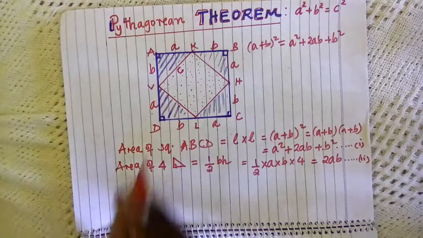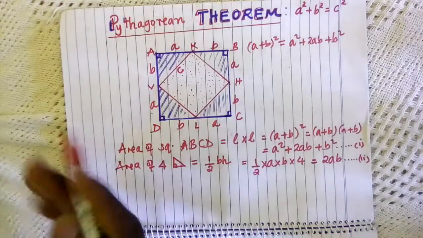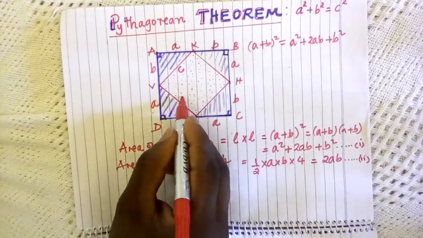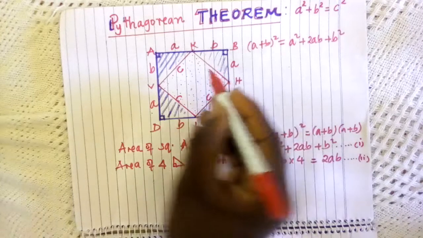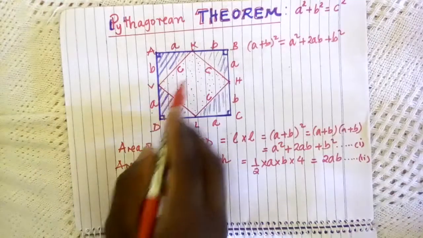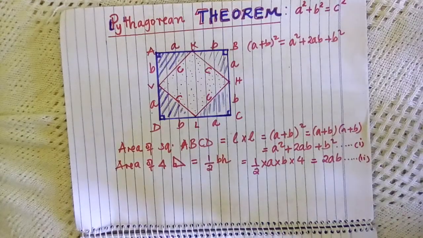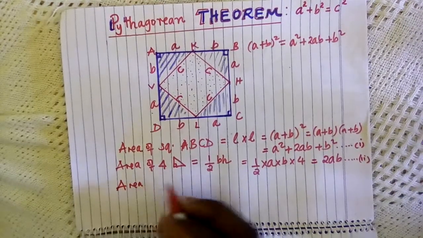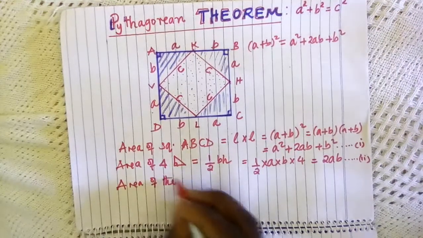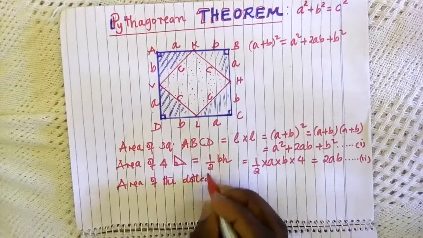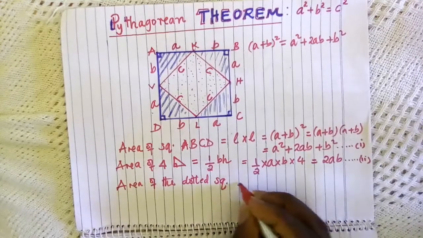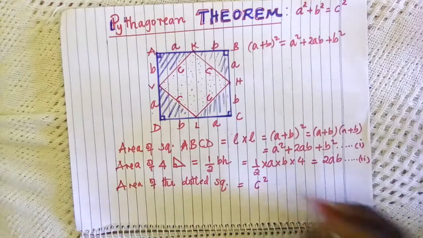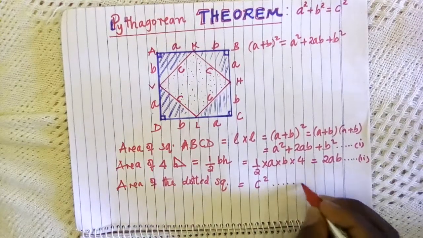I'm going to name the side of the shaded or dotted square inside here as C. So all the lengths of this inside square are C. So the area of the dotted square is basically C squared. Now let us name this equation 3.